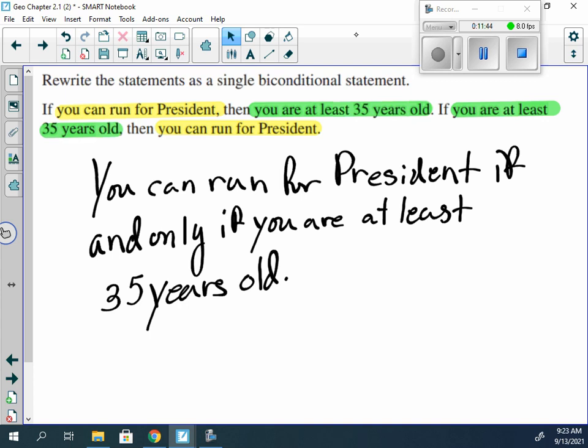We would have to really change the wording to get it to make more sense. Because in two if-then statements, okay, they work both ways. We can see that. But if and only if, this is really kind of the better way to phrase it, because it'd be a little awkward to have it go the other direction. You're at least 35 years old if and only if you can run for president. It just seems weird.